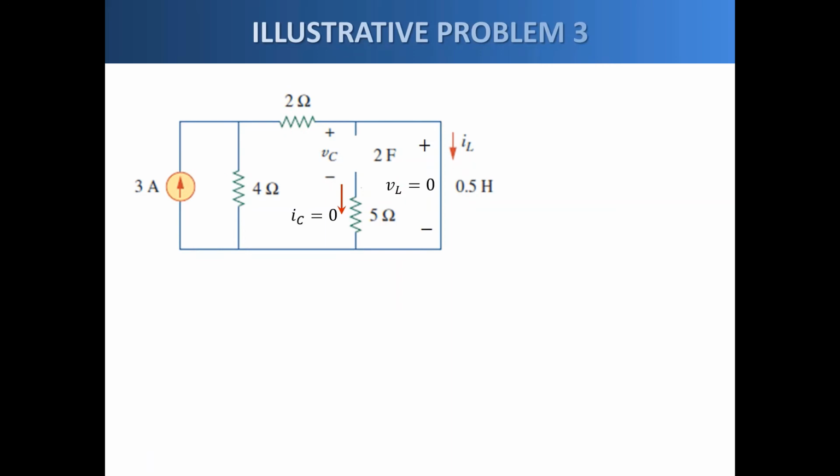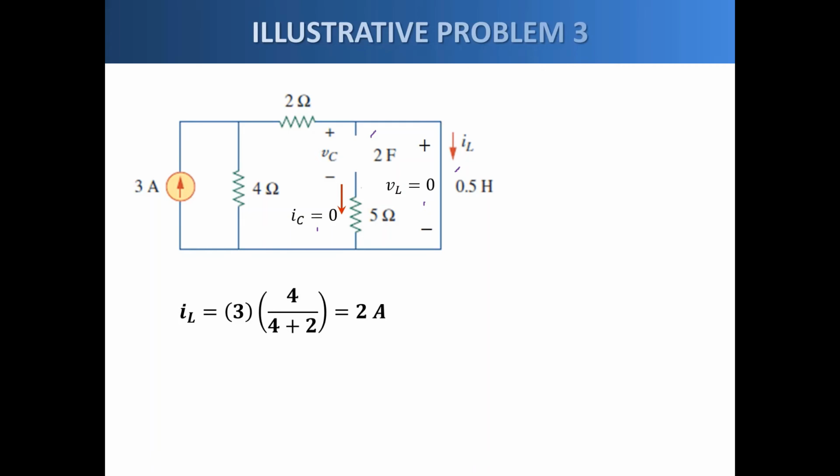So we draw the circuit where the capacitor is an open circuit and the inductor a short circuit. We also show the current through the capacitor as 0, and the voltage across the inductor also is 0. Then we compute for the current I_L.